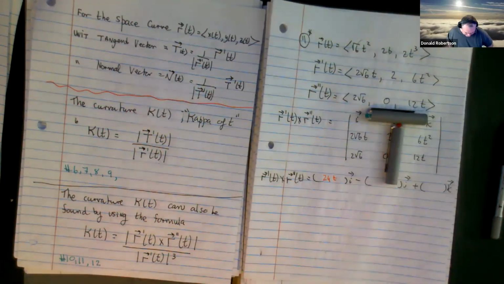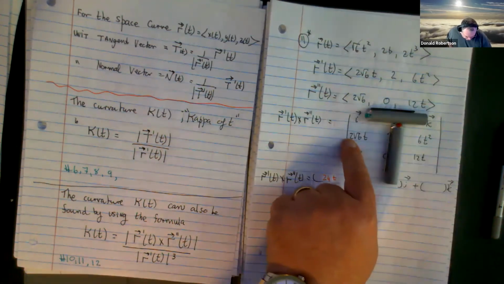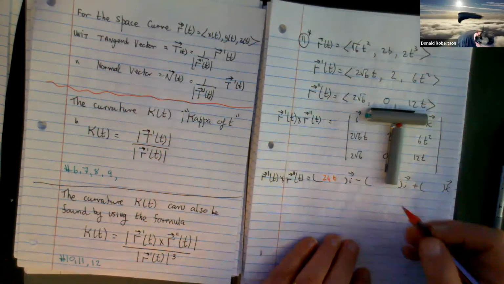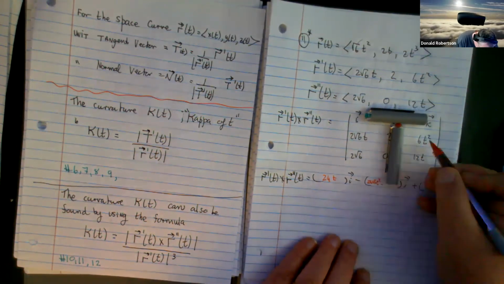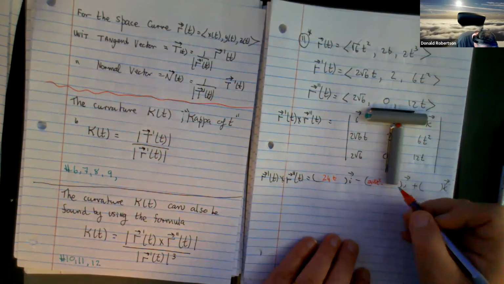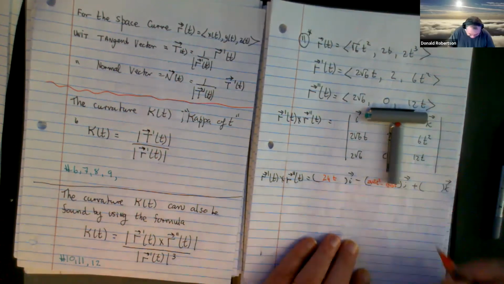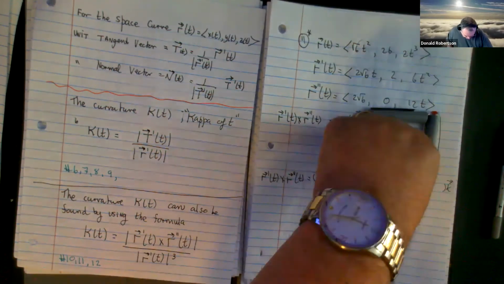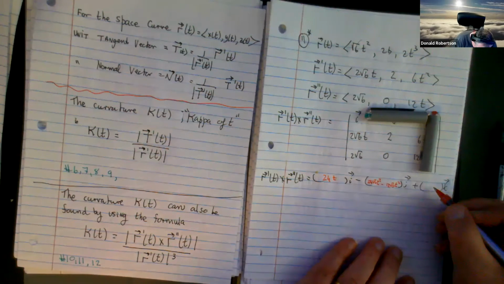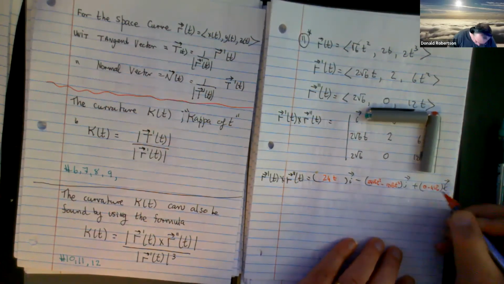Middle one. Major diagonal is 24 root 6 t squared. Take away 12 root 6 t squared. Okay, last one. 0, take away that one, which is what? 0, take away 4 root 6.